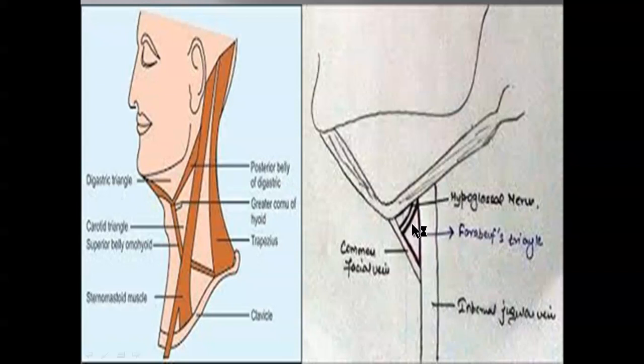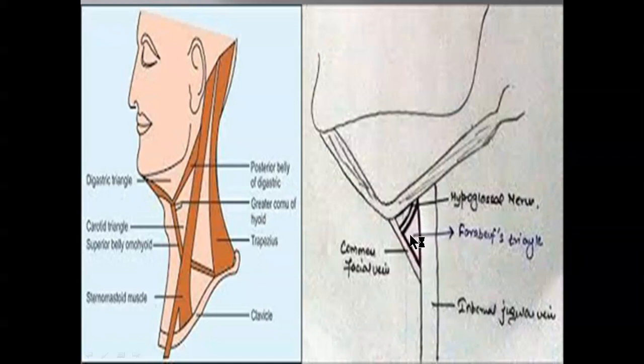For the borders of the Farabeuf triangle, we can see the hypoglossal nerve, cranial nerve 12, over here superiorly, and posteriorly we have the internal jugular vein. Anteriorly and inferiorly, we can see the common facial vein. So these are the boundaries of the Farabeuf triangle.